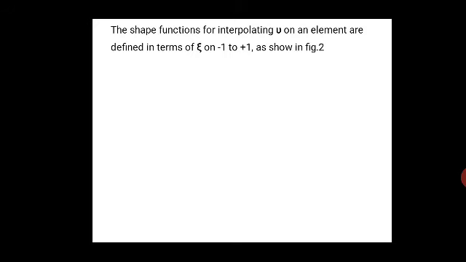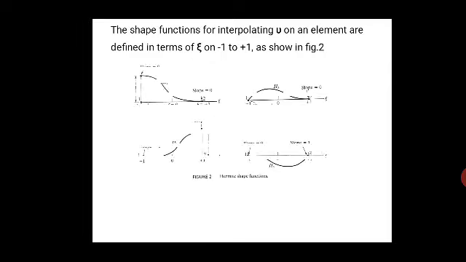Then the shape functions for interpolating displacement on an element can be considered in terms of zeta, that is -1 to +1, which you can observe in the sketch below.